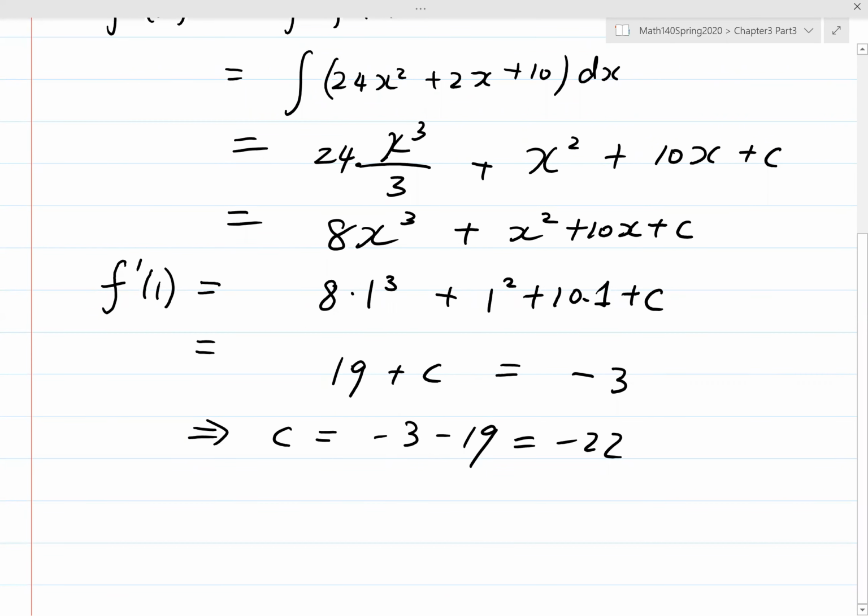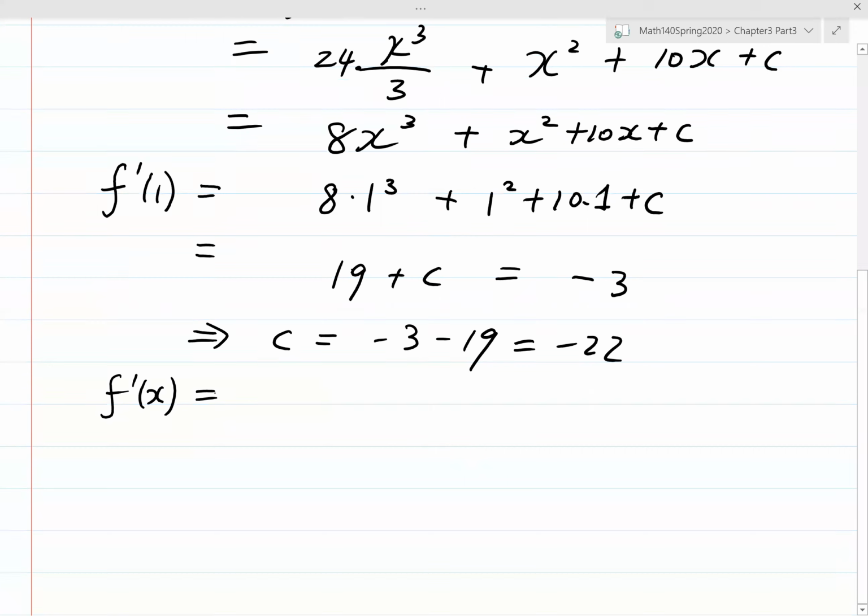So f derivative x will be 8x cubed plus x squared plus 10x, substituting c by -22.